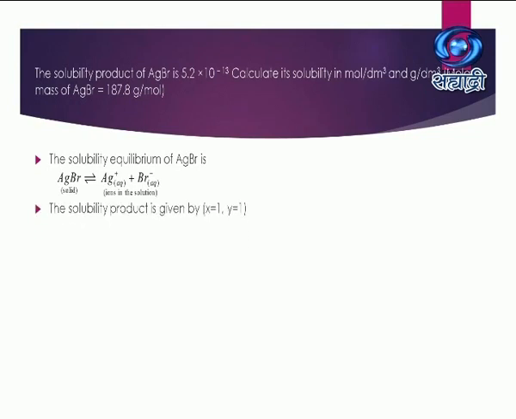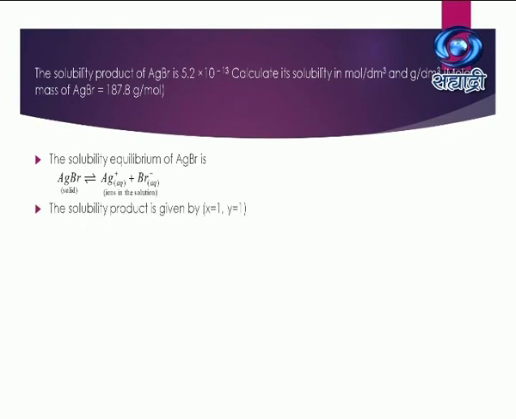Consider one more problem. The solubility product of silver bromide is 5.2 into 10 raised to minus 13. Calculate its solubility in moles per dm cube and grams per dm cube. The molar mass of silver bromide is given as 187.8 gram per mole. Now the solubility equilibrium is AgBr solid reversibly gives Ag+ aqueous plus Br- aqueous ions in the solution.